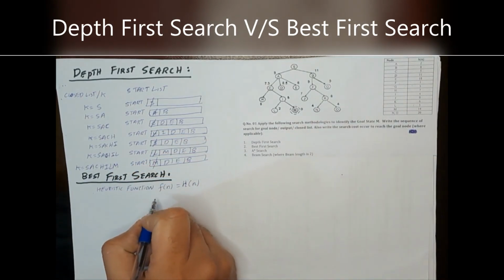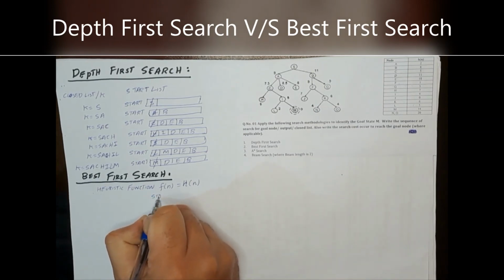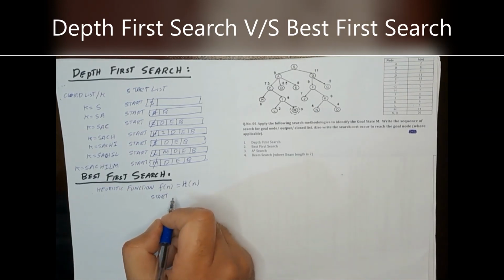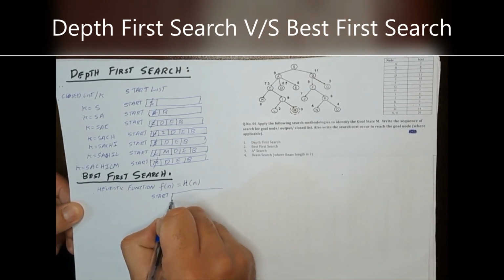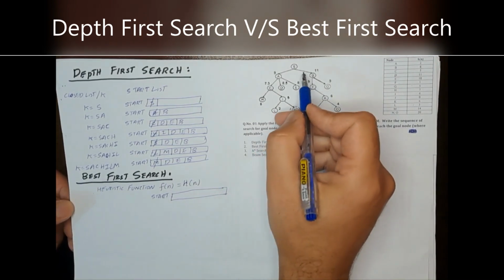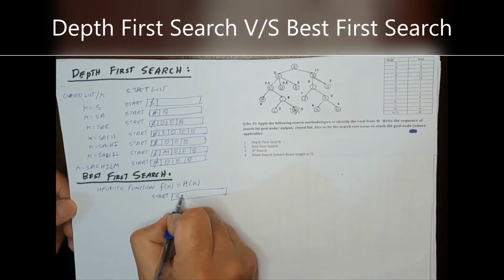Let's move on. First of all, start. What do we have here in our start list? We will provide it with the first value, that is our starting node value S.